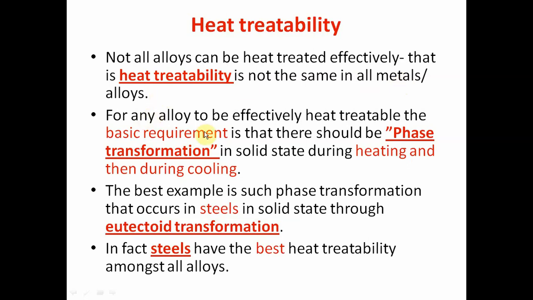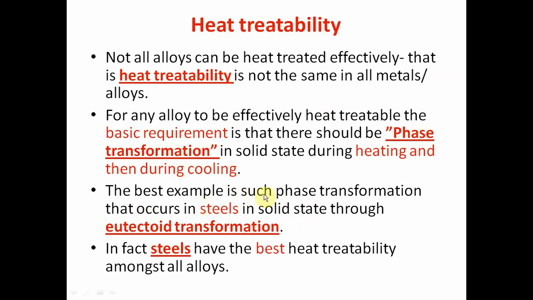For any alloy to be effectively heat treated, the basic requirement is that there has to be a phase transformation, that is transformation of pearlite to austenite upon heating and transformation of austenite into various phases like pearlite, bainite and martensite upon cooling. So that ultimately will alter the different mechanical properties.